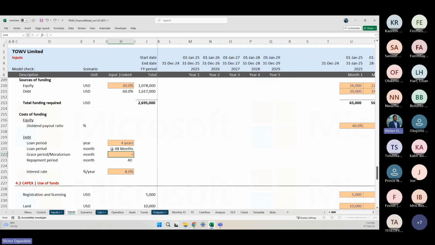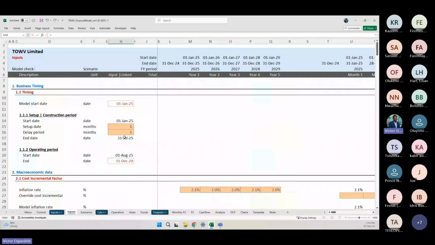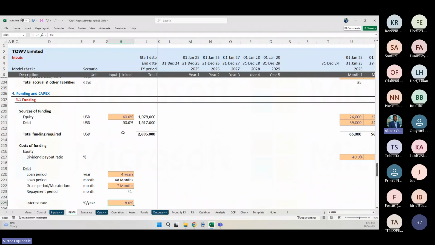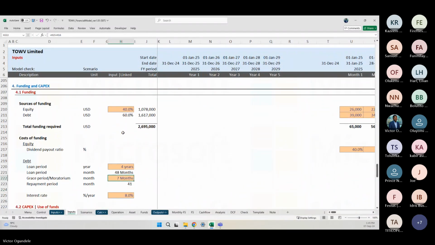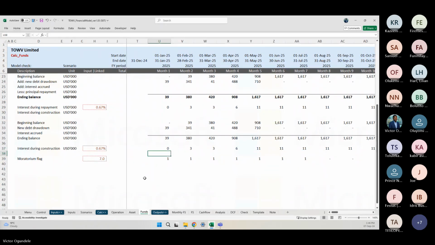So equal to my construction period, my setup date plus my delay period, so that gives me 7 months. It's always good you match them together. So the grace period should now be 7, right?